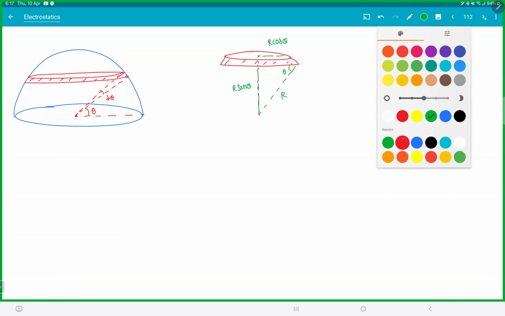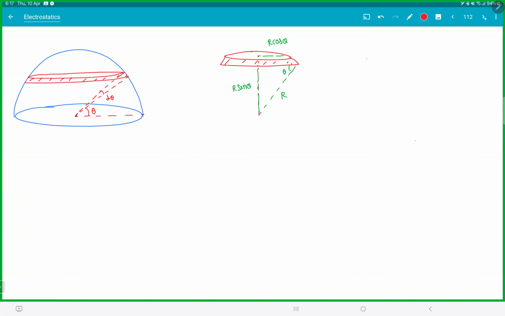So this is the field on the axial line. If I cut this ring, I will get a thin rectangle whose length will be 2 pi r cos theta and width will be r d theta. So the area of this ring will be 2 pi r square cos theta d theta.